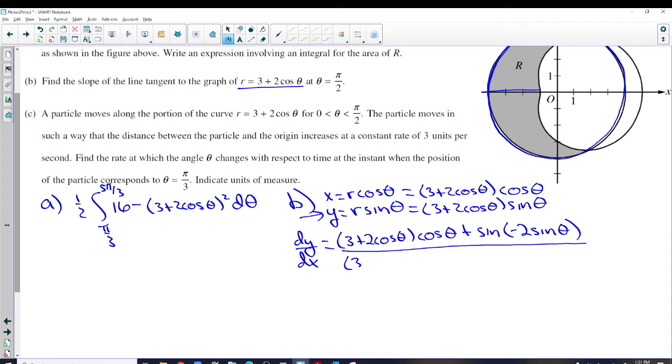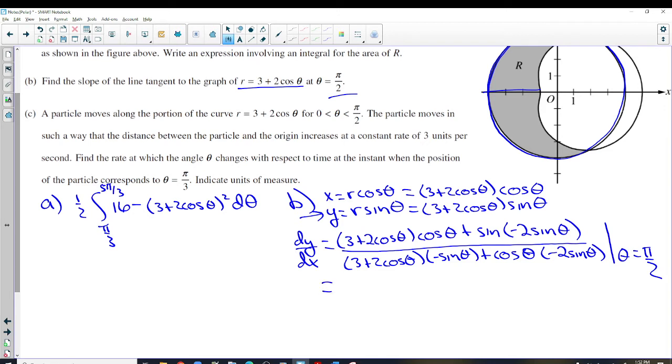Dx is first times the derivative of the second plus the second times the derivative of the first. Yep. But we're going to evaluate this at pi over 2. Evaluate when theta is equal to pi over 2.